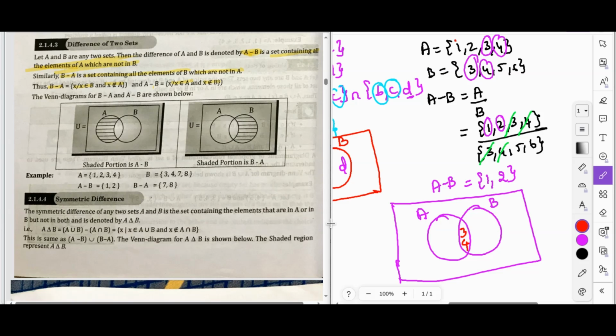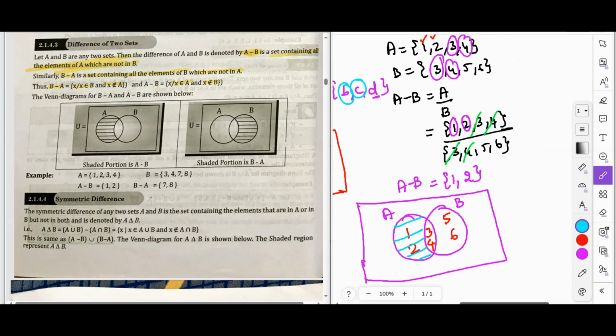Now what is remaining in A? It is 1 and 2. So we write 1 and 2, and what is there in B? It is 5 and 6. So what is your answer? We got only the elements which are there in A, that is 1 and 2. This will be for the A minus B Venn diagram.